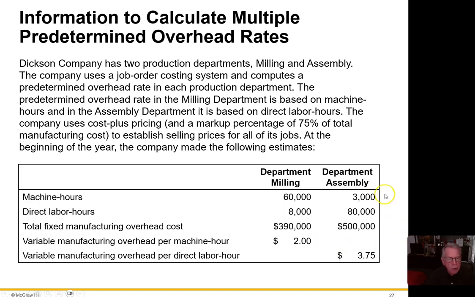Same thing here with the assembly department: 3,000 machine hours, 80,000 direct labor hours, and $500,000 fixed overhead, and $3.75 per direct labor hour for variable manufacturing overhead. So you can see there's quite a difference between machine hours used in milling and the ones used in assembly. And conversely, much more direct labor hours used in assembly than in milling.